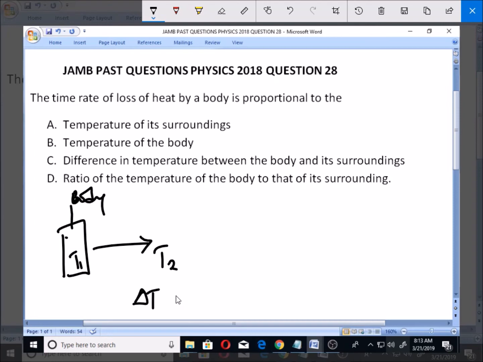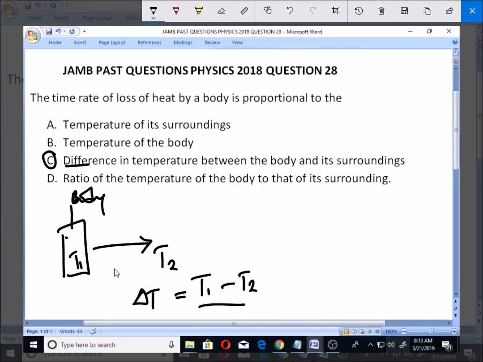Change in temperature, that is temperature gradient. That is the difference between the temperature of the body and that of the surrounding. That difference is what ensures loss of heat, and that makes C the right answer.